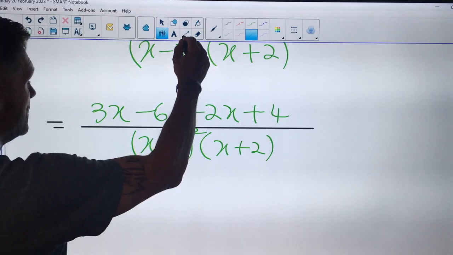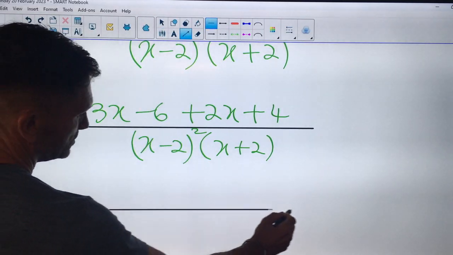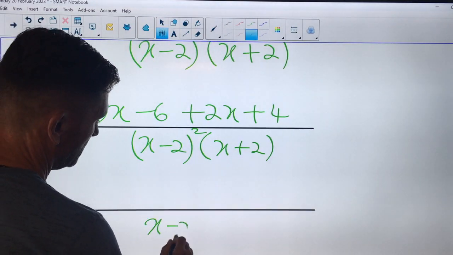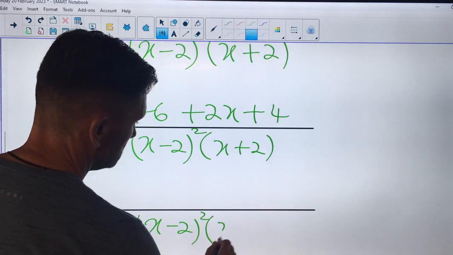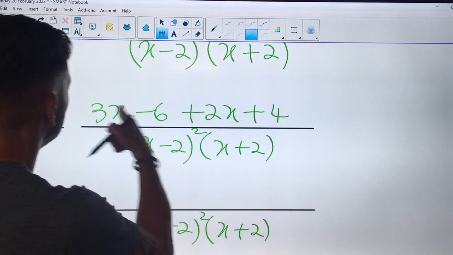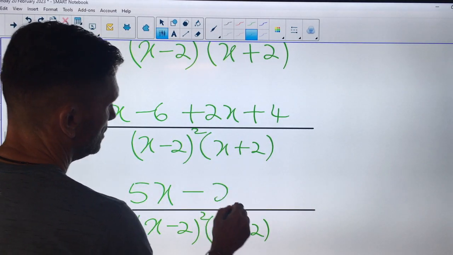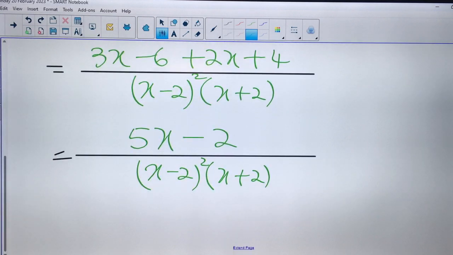And that will give us the same denominator once again, the denominator x minus 2 squared. x plus 2 on top, 3x plus 2x is 5x, minus 6 plus 4 is minus 2. And that's our final answer.